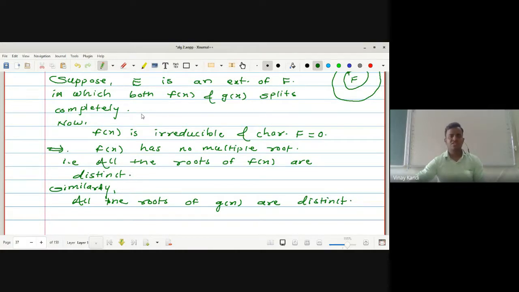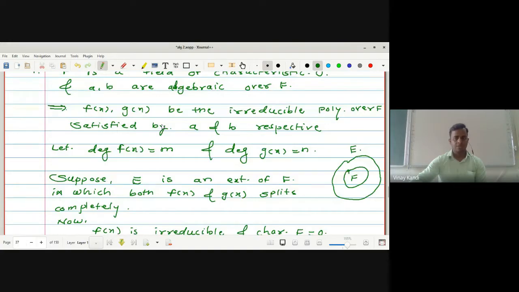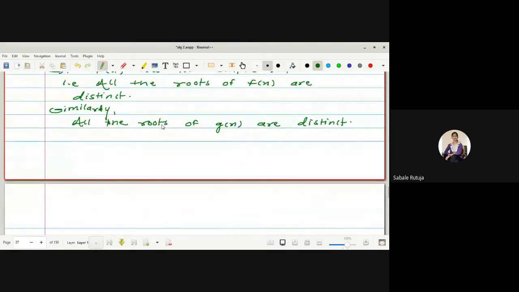Here g(x) is irreducible and the characteristic of F is 0. That means g(x) has no multiple roots. Similarly, all the roots of g(x) are distinct. Okay, any doubt up to here? No, sir. Okay, now look at here.